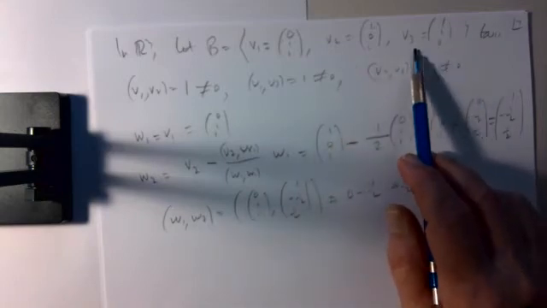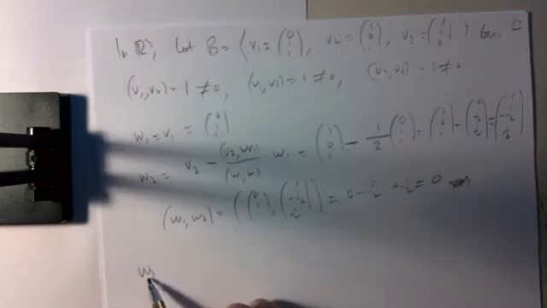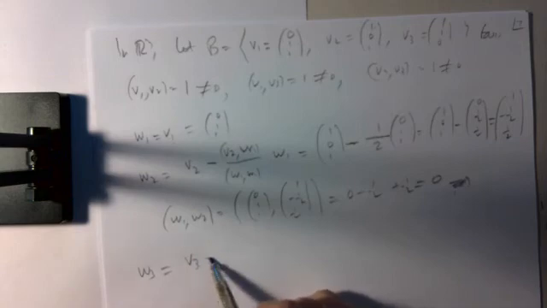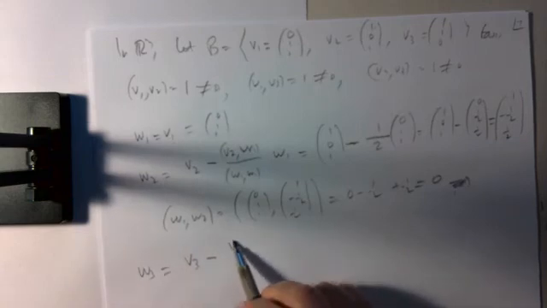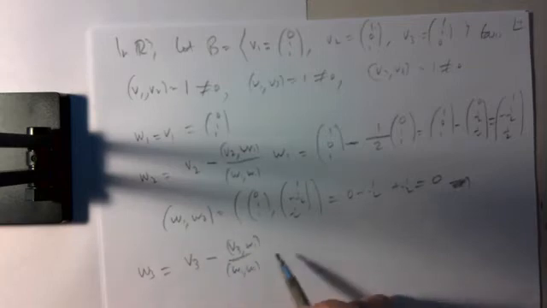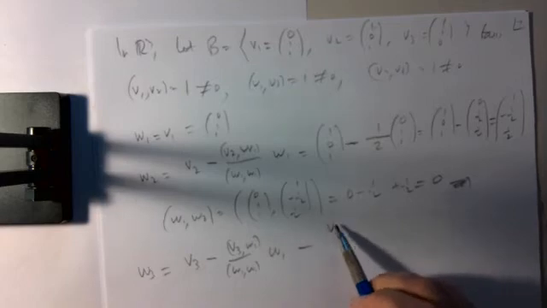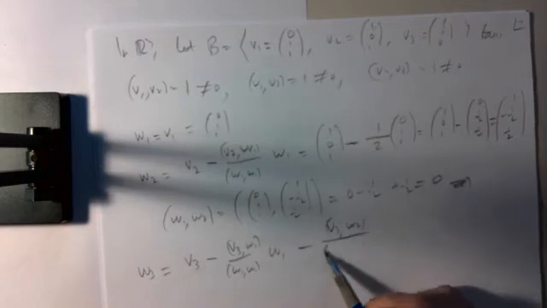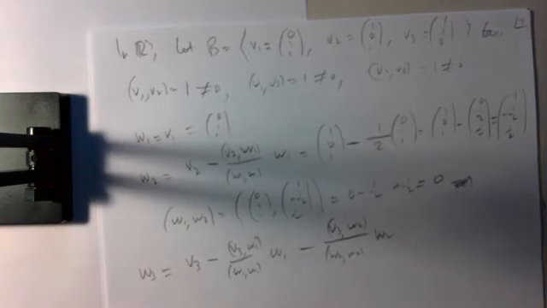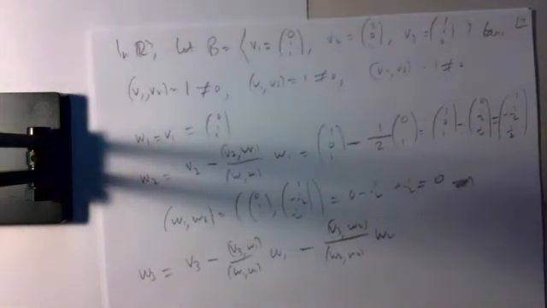Let me get my w_3. So w_3 is going to be v_3 minus the inner product of v_3 and w_1 over the inner product of w_1 with w_1, times w_1, minus the inner product of v_3 and w_2 over the inner product of w_2 with w_2, times w_2. So that's a little calculation that I have to do.